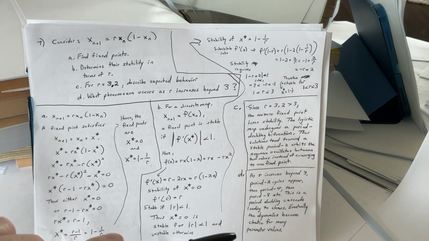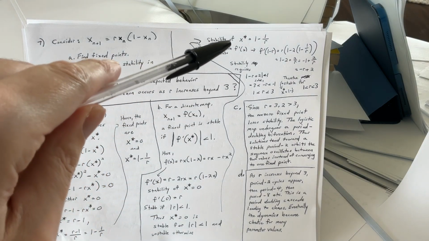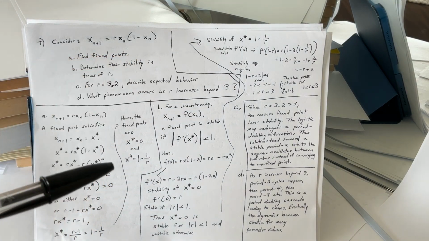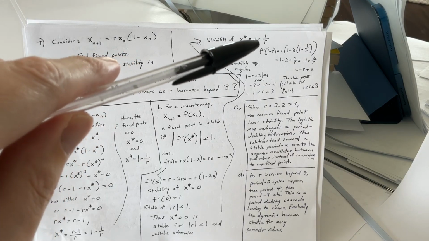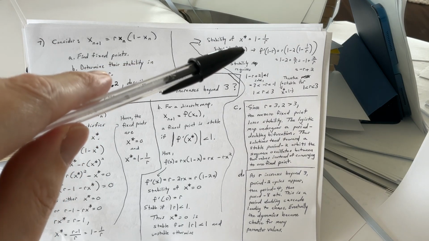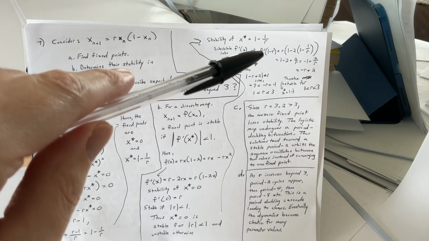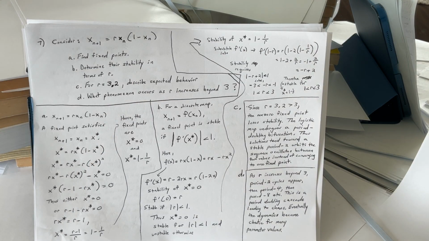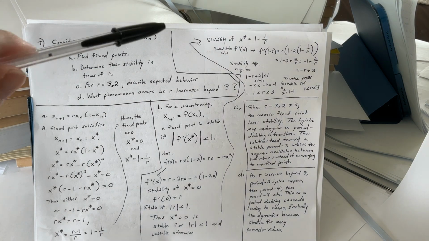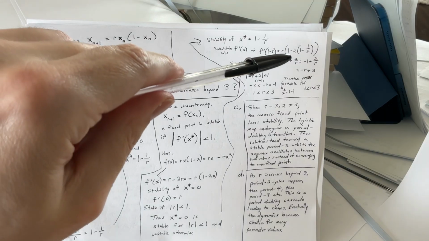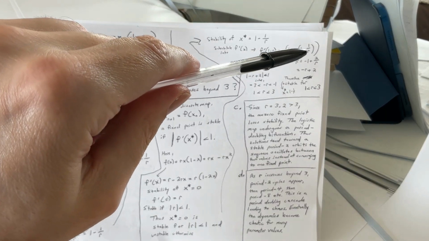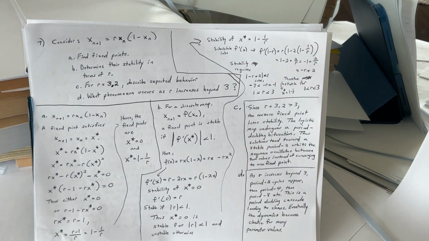Okay. Now, that was for x star at 0. Now going up here, stability of x star equals the other one, 1 minus 1 over r. So we substitute into f prime of x again. We get f prime of 1 minus 1 over r equals, and just be careful with the signs here, r times the quantity 1 minus 2 times the quantity 1 minus 1 over r.